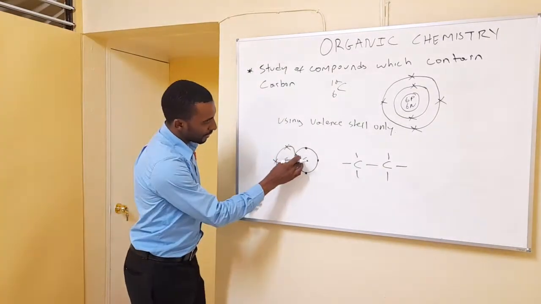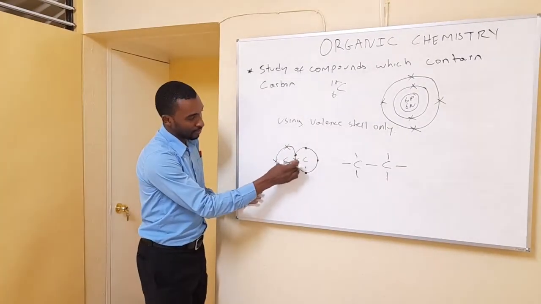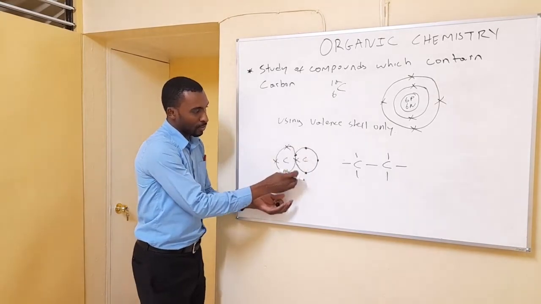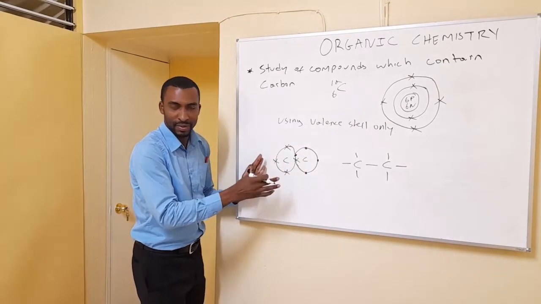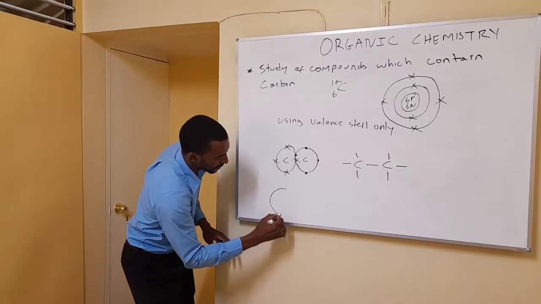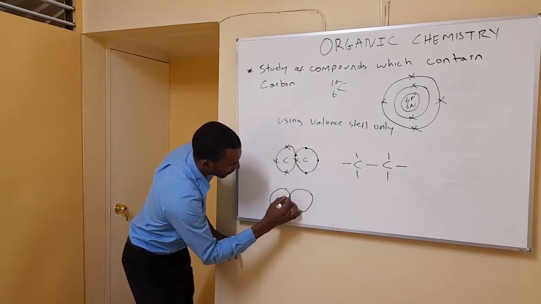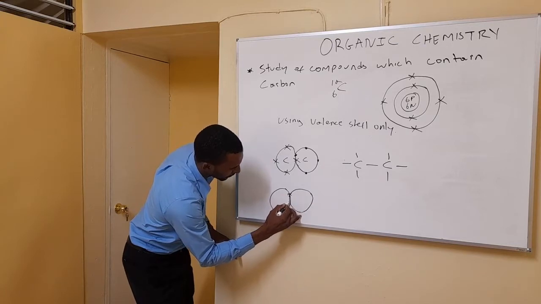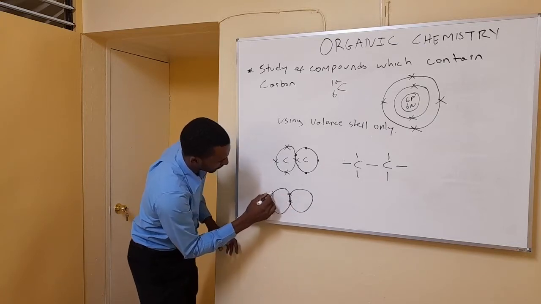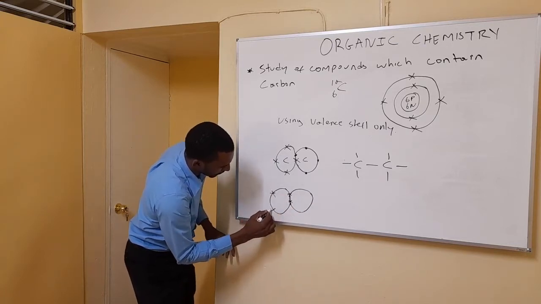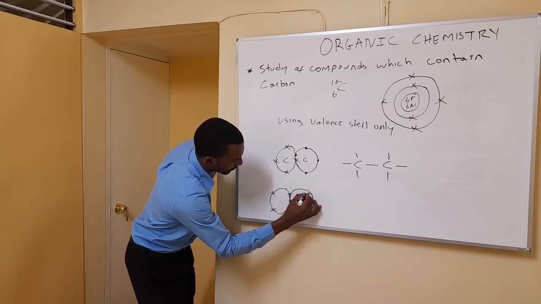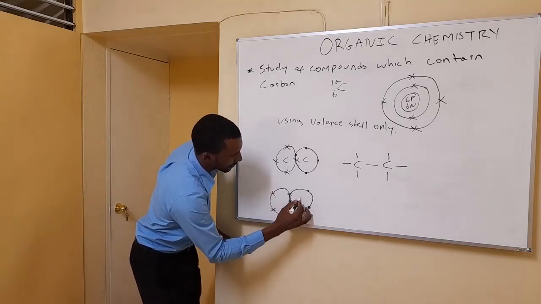Also, we could have 2 pairs of electrons being shared between the carbon atoms. So this is a carbon atom, and this is a carbon atom.